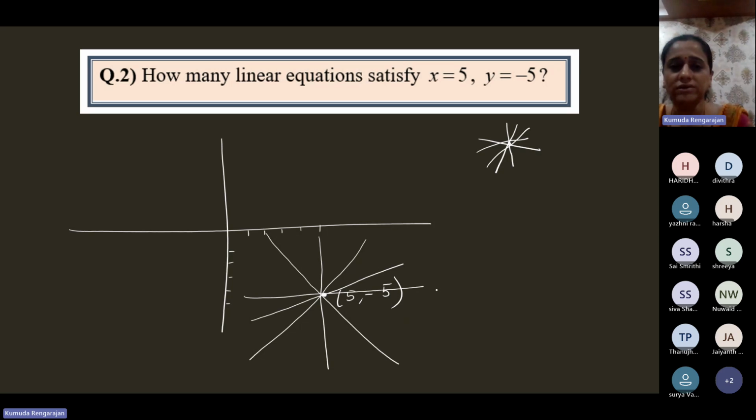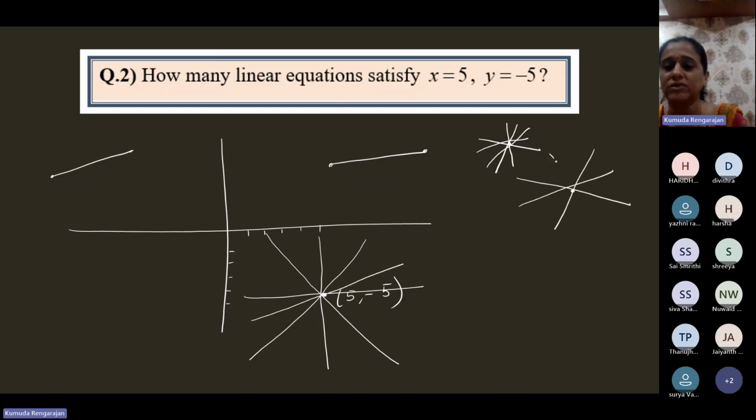We all know that, right? When we have 2 points, they can be connected by one and only one line. But when you have one point, you can draw infinitely many lines passing through that given point.